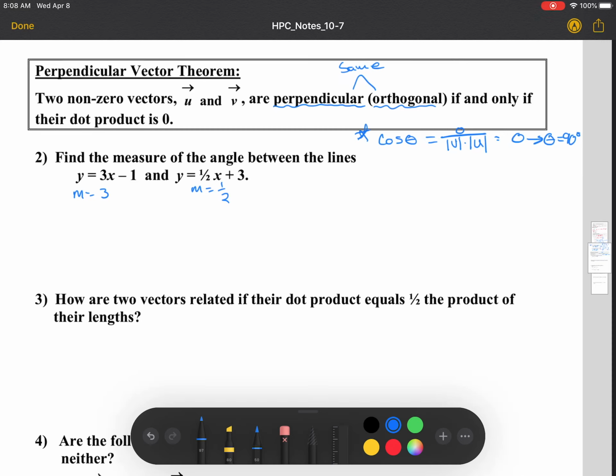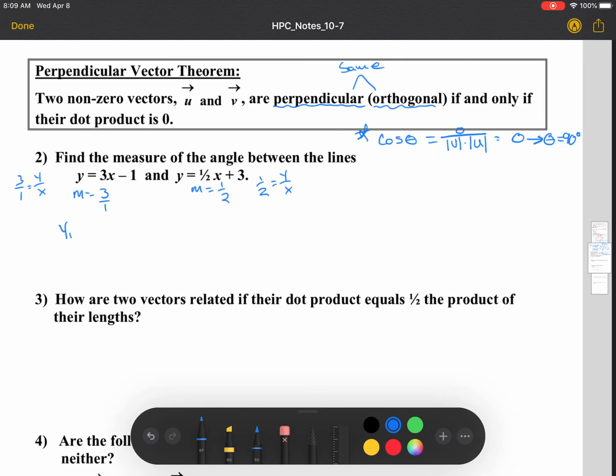All right, we know that from our vectors, we can make these rise over run. So this is the same thing as 3 over 1. Remember, it's our y over x. So 3 over 1 is our y over x, and 1/2 equals our y over x.